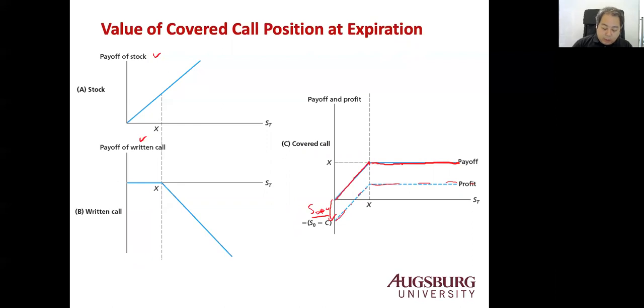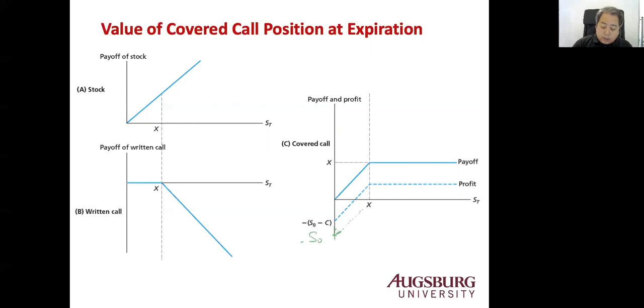Now, when you compare with only the stock, see what happened. With only the stock, you basically lose value like this, right? If this is ST minus S0, this will be minus S0.